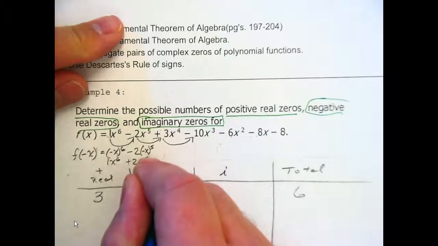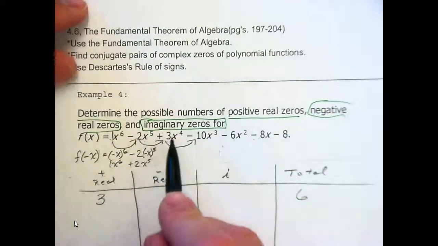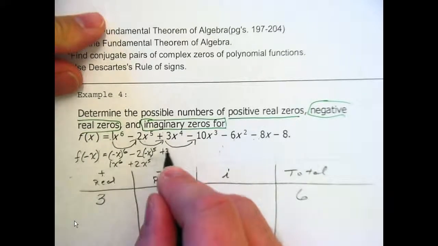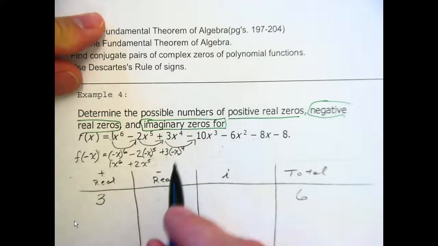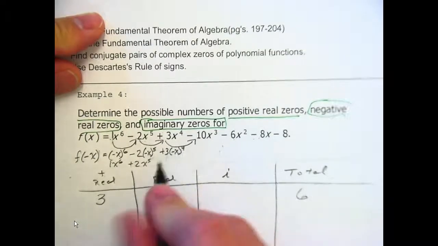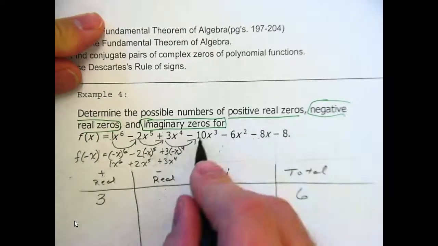So what does it appear the rule is? Might be a little early to figure out a rule. Let's put it in here. Negative x to the 4th. Is the sign going to change? No, because it's even. So this stays 3x to the 4th. Is it going to change here?